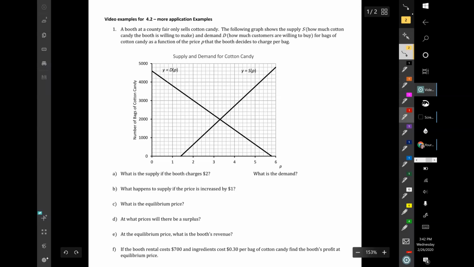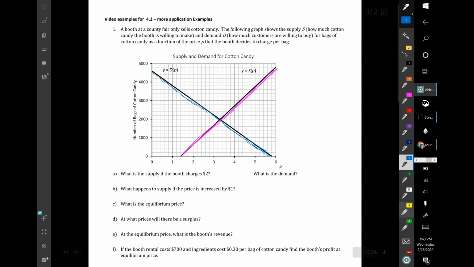I'm going to make it a different color so we can differentiate: the supply is the pink line, and the demand is this blue one.